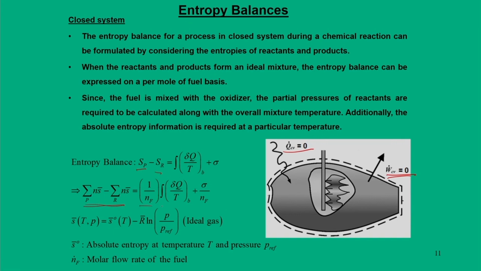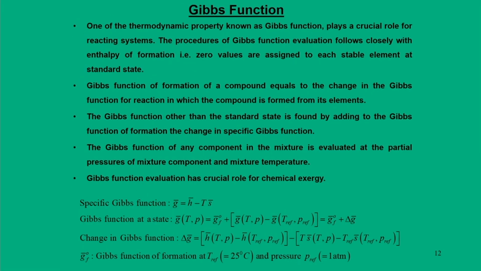Then we also can find out the right hand expressions per mole of fuel, and this S bar on the left hand side of the equation can be calculated at given temperature and pressure through information of absolute entropy. And the last segment of this chemical reaction is the Gibbs function.